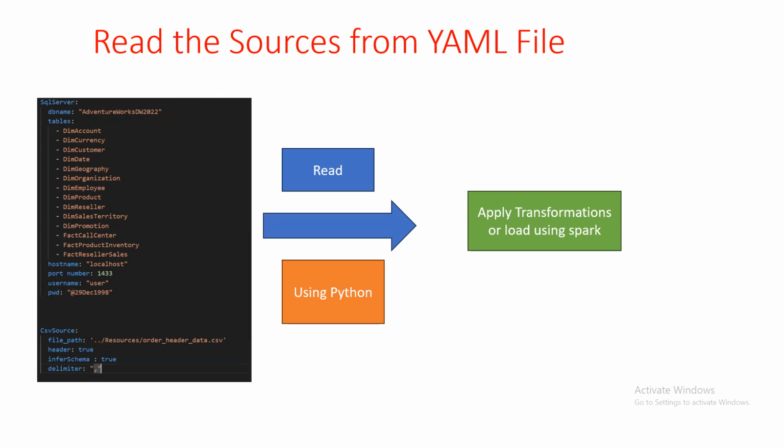Instead of a CSV file, they create one YAML file, which is nothing but a configuration file, so that it is helpful for third-party people who are going to monitor our pipelines. They need to know what sources we are targeting and where we are dumping the data.